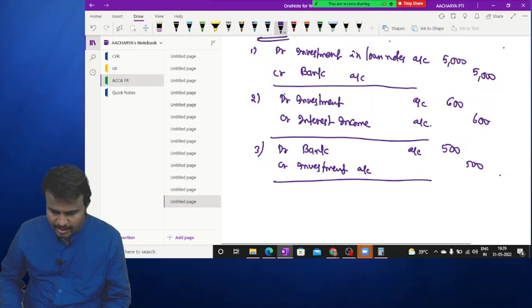Then everyone do the third problem. This is fair value relating to debt instruments. Coming to the next question, the fifth one. On 1st January 2005, Bland bought a $10,000 6% bond for 9,000, incurring acquisition cost of 140.